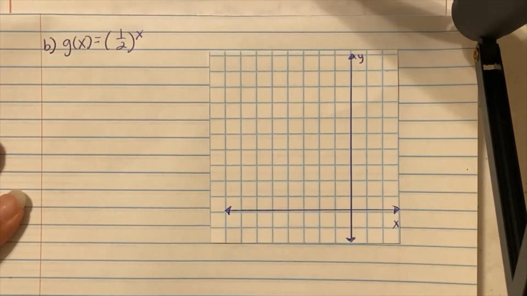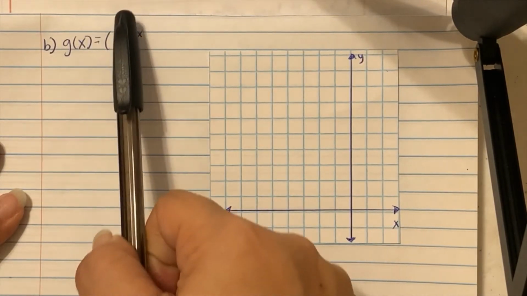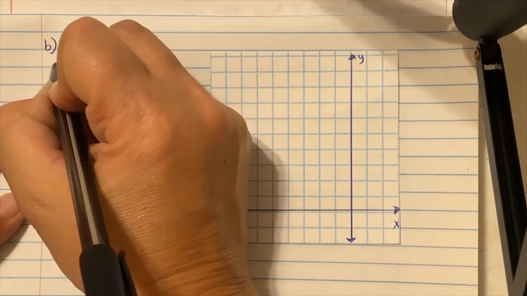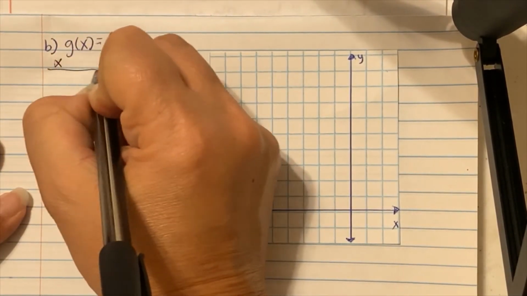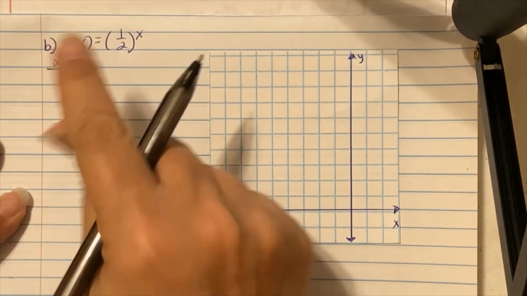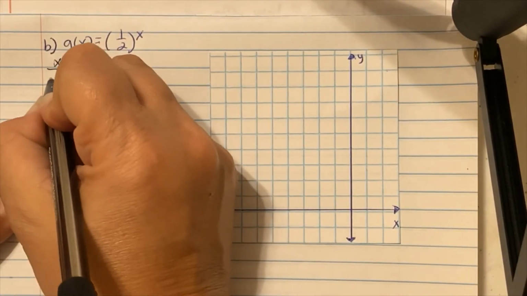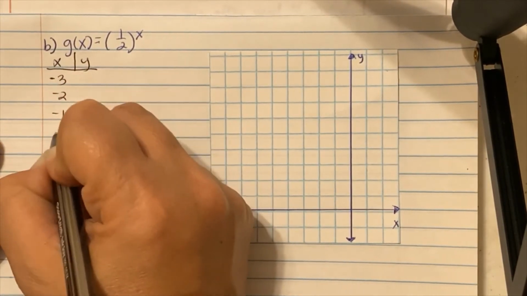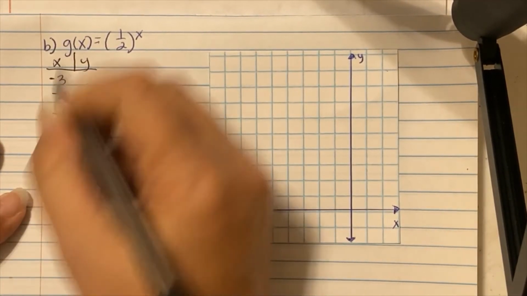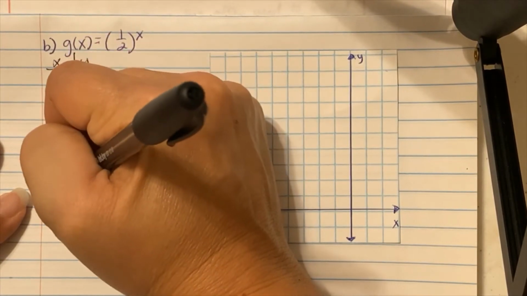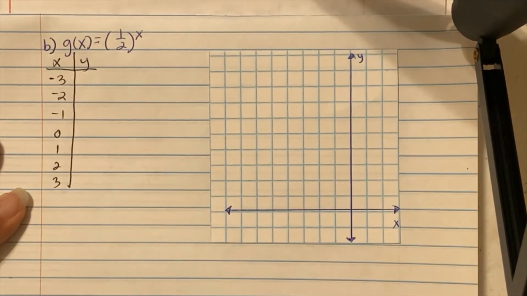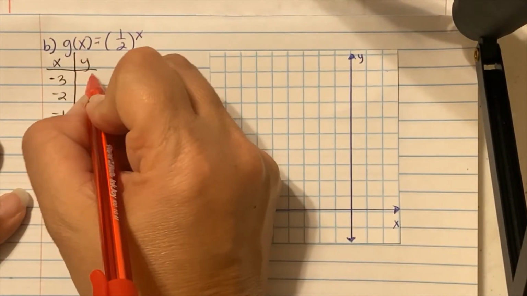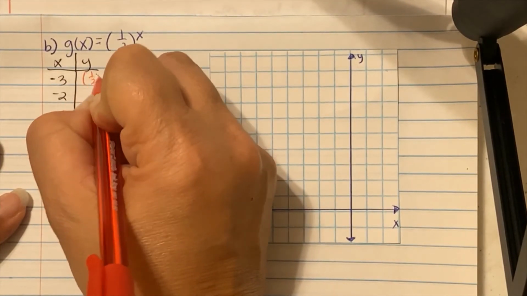Okay, we're going to do the same thing, but now we're going to show decay. So it says g of x equals 1/2 to the x power. Again, create your t-chart. I'm going to use -3, -2, -1, 0, 1, 2, 3 again. So when we plug in -3, it's 1/2 to the -3 power.